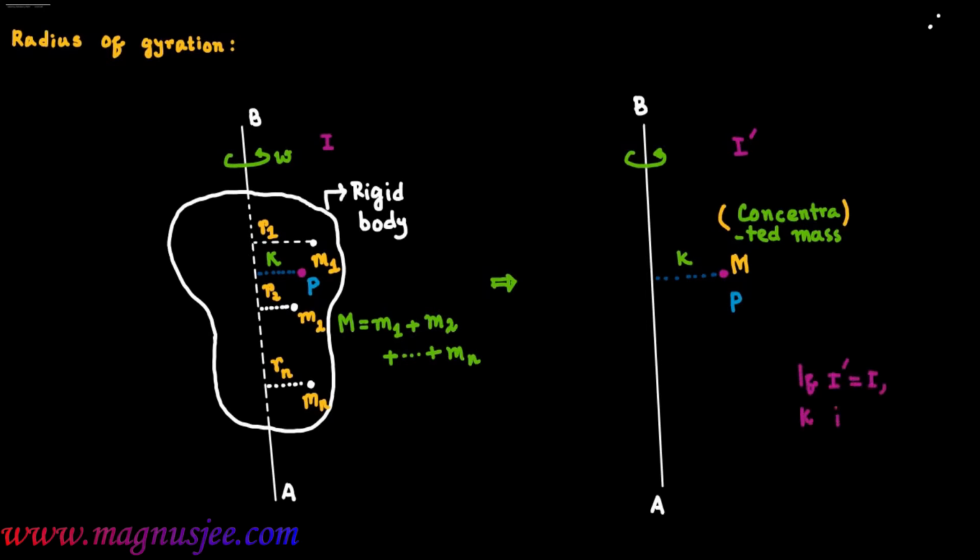If I prime equals I, K is the radius of gyration: the perpendicular distance K is the radius of gyration of the rigid body about the axis of rotation AB. So K is the radius of gyration.